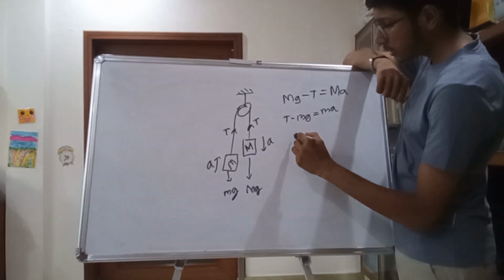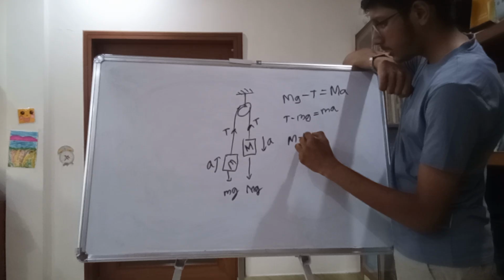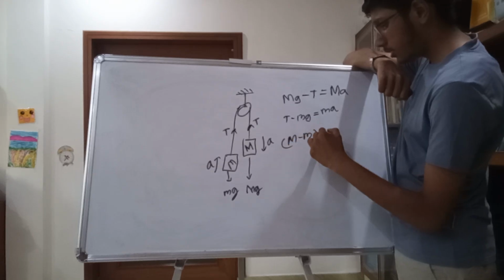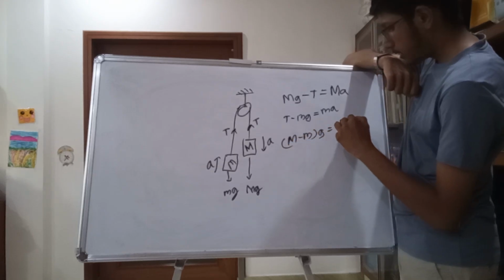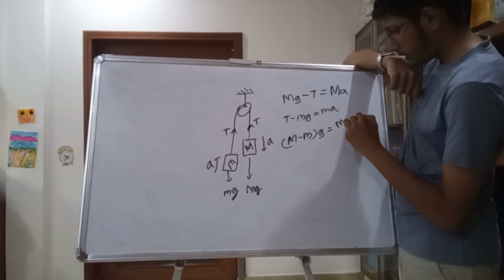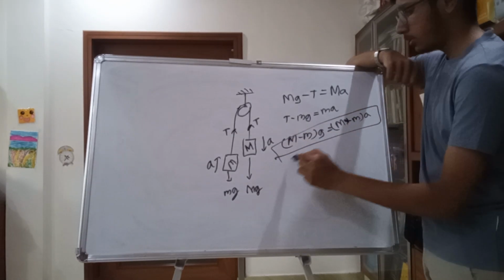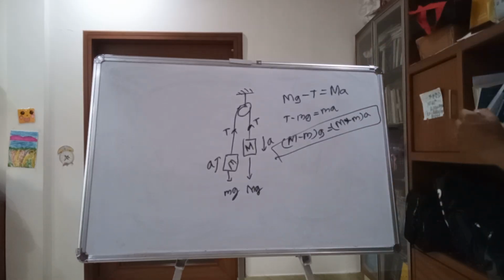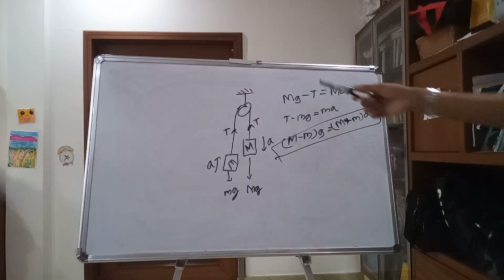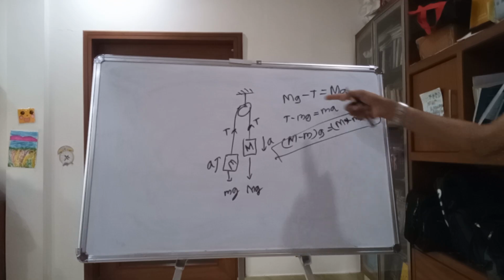If you add both equations, you will get (M minus m) into g equal to (M plus m) into a. This is one important relation. From this you can find the tension also, by substituting this acceleration.